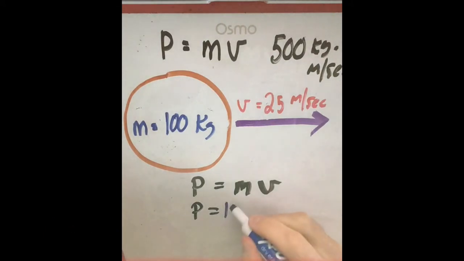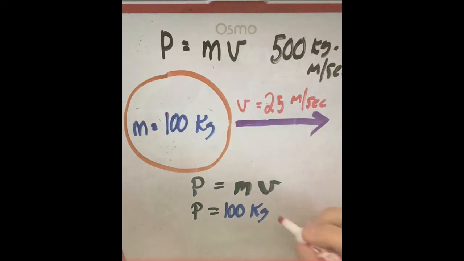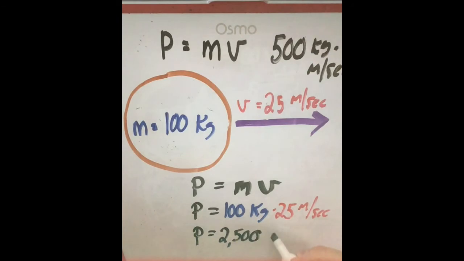We plug in our value for mass, and we plug in our value for velocity, and from the formula we get a momentum of 2,500 kilograms times meters per second.